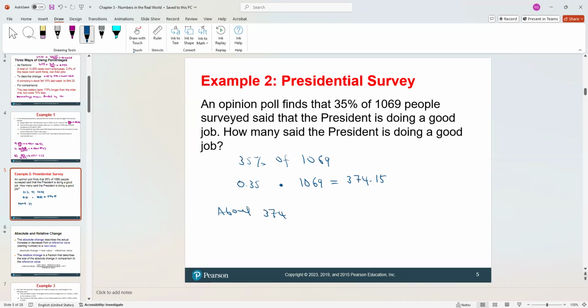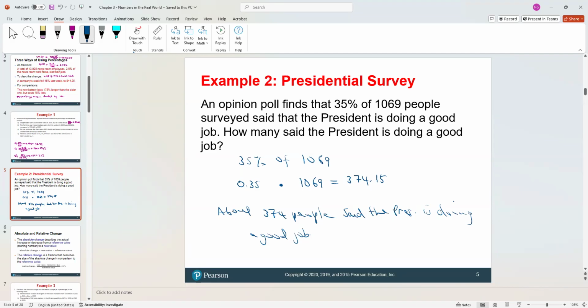I round that one, so we can say 374 people said the president is doing a good job, right? Okay, so that's mostly what you need to see with this one because it's very important. You always round your answer to the nearest whole number because we're talking about people. It really makes sense when you talk about people to use whole numbers.